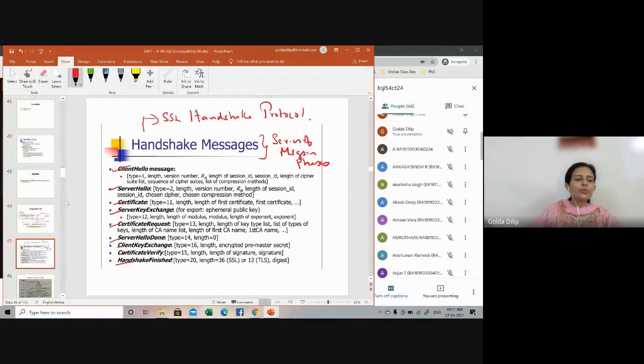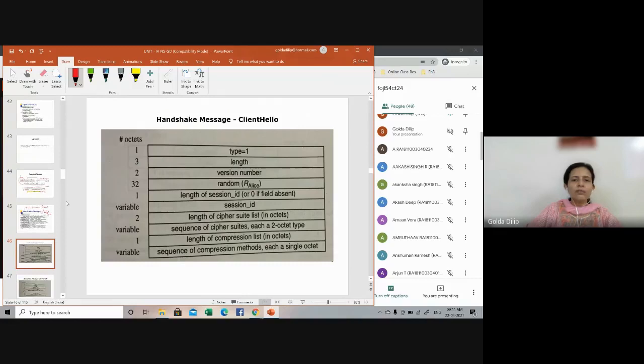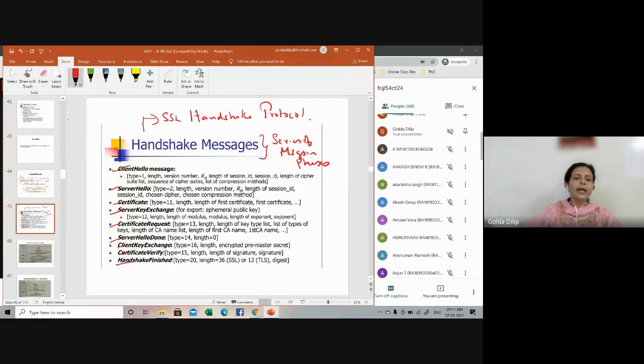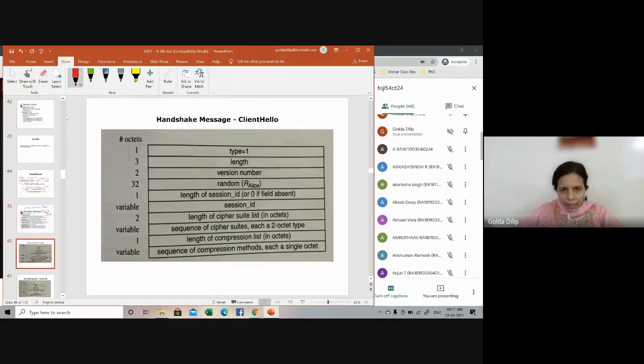Let's look into the parameters involved in each of these. First, let's start with the client hello message. There are multiple handshake messages.